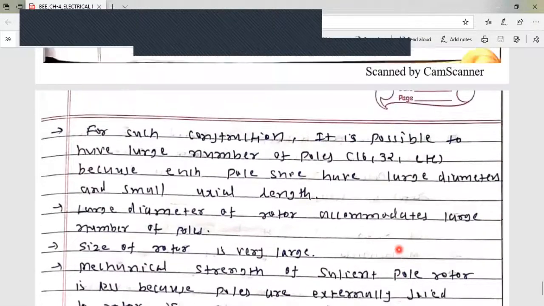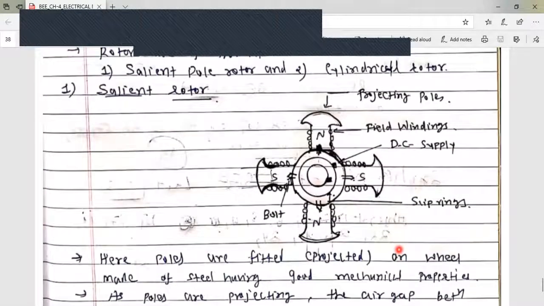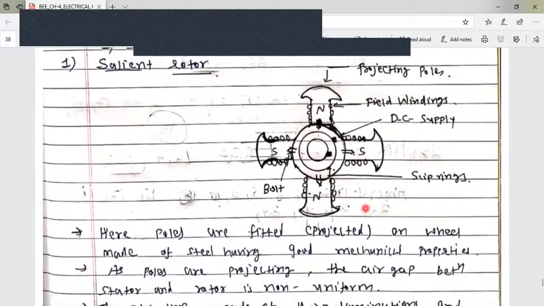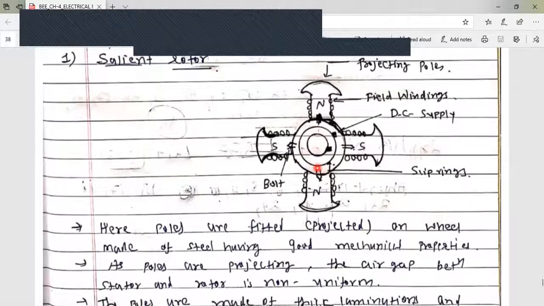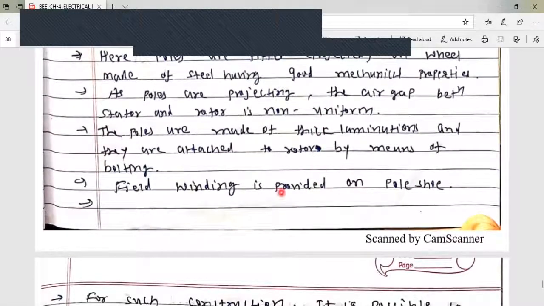Again, I repeat, this is the salient pole rotor. Poles are projected on a ring made of steel having good mechanical properties. These poles are connected to the rotor through this pole. The field winding is provided on the pole shoe.